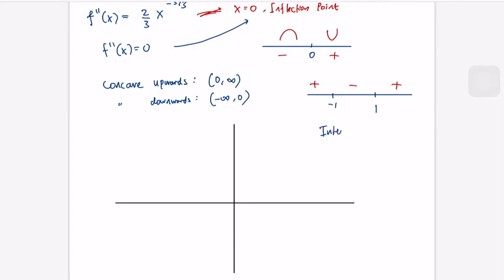Don't forget the intercept is plus minus 3, square root of 3, 0. So we will have, let's say, 1, 2, 3. Negative 3 here, and maybe this will be the intercept here. Start with positive, negative, and then positive again.